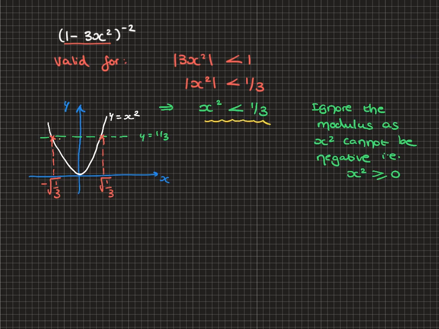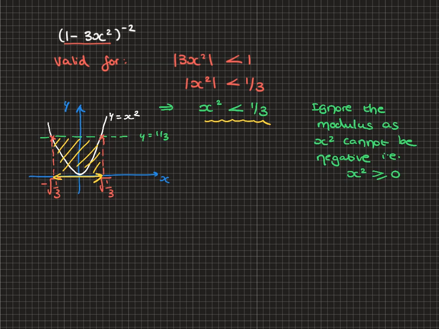But we are trying to solve x squared is less than 1/3. So where would we find that? Well, we would find that in this region here, because that is where the x squared graph falls below the line y equals 1/3. Now, which set of x values generates this region? Well, very clearly, it's these x values lying between negative 1 over root 3 and positive 1 over root 3.